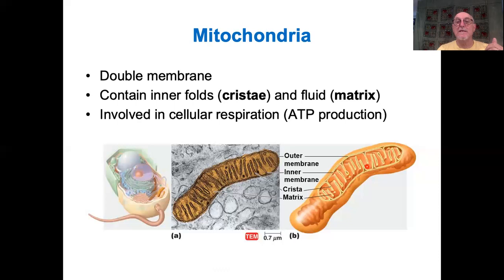These folds here are called the cristae. And the equivalent of the cytoplasm in the mitochondria is called the matrix. So all of the processes of cellular respiration depend upon being able to maintain a difference in conditions on one side of the membrane and on the other, as we will hear later on.